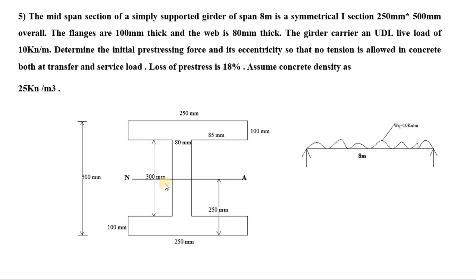So 300 mm is the height of the web. As they have mentioned, it's a symmetrical I section. From the bottom, the neutral axis is at a distance of 250 mm. That is, overall depth by 2 will give you the distance of the neutral axis.